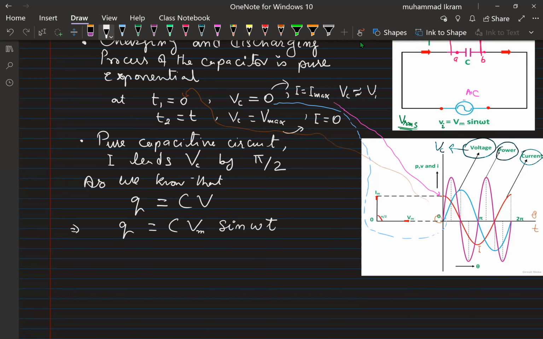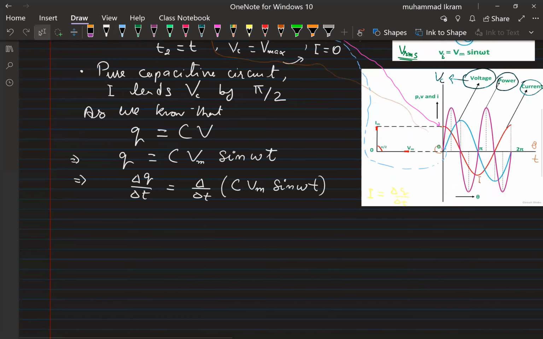Now we know that I, the current in the circuit, is equal to delta Q by delta T. So what I will be writing is d by dt of Q, which is C Vm into sine omega t.